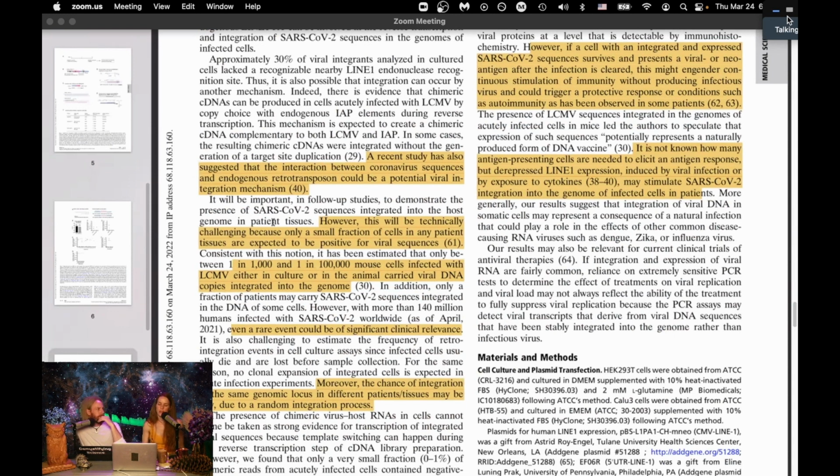I mean, they also make the case at the very end in their conclusions that the number of people this is actually happening in, or the number of cells, could be vanishingly small. The margin of error is enormous.